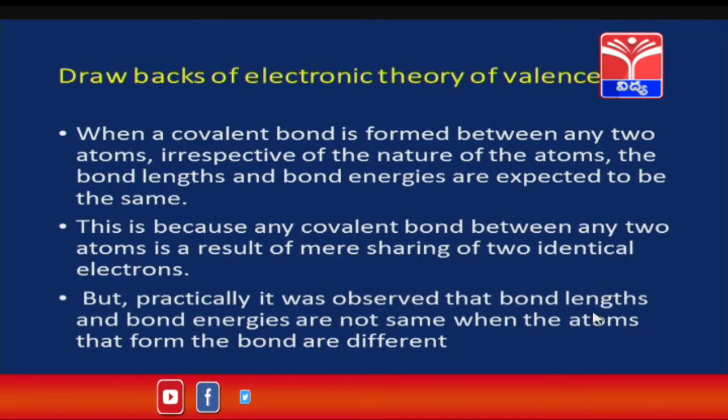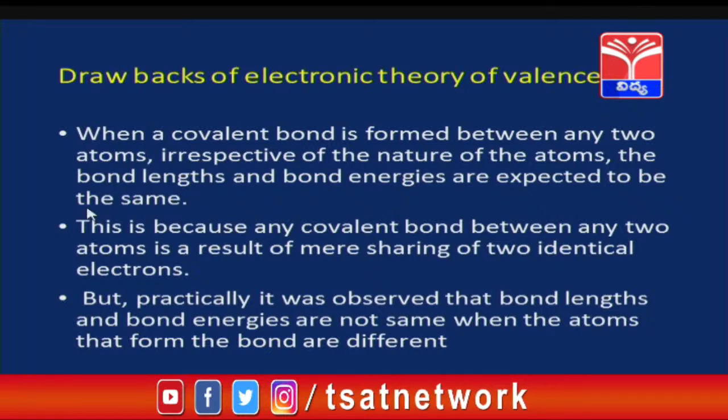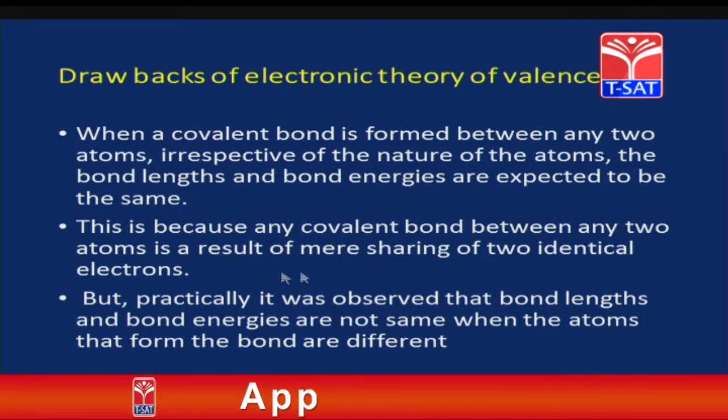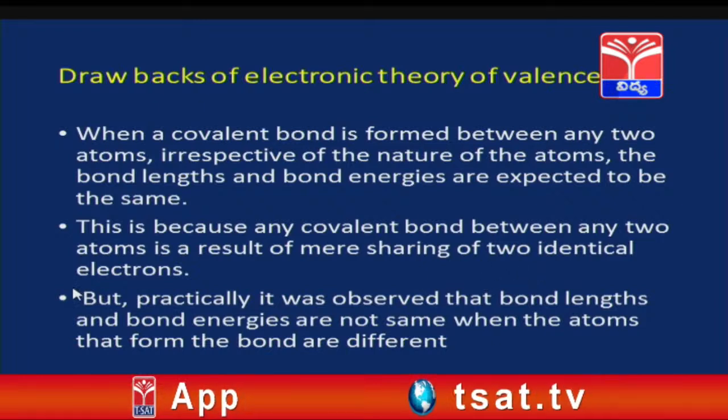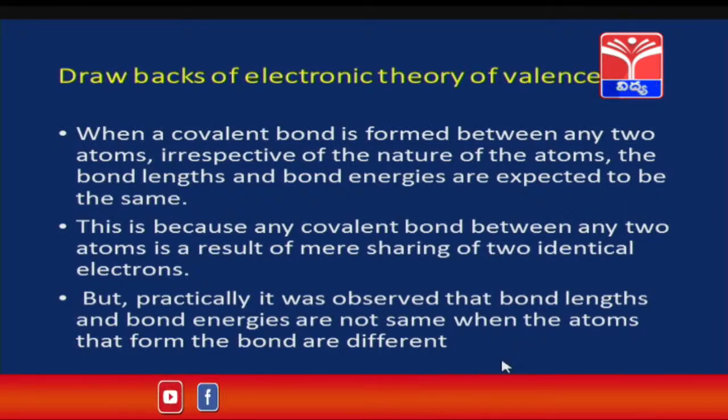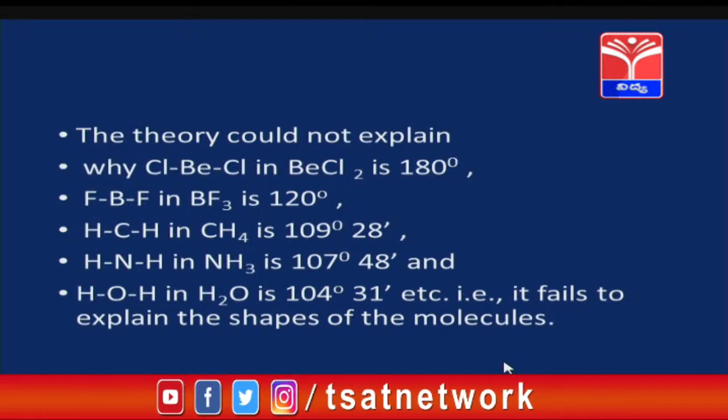So, there are some drawbacks of electrovalent theory also children. What are the drawbacks? The bond length and the bond energies were not expected as the same. Even the atoms which are sharing the electrons, they were not having the same structure as expected, and practically it was also observed that the bond lengths and the bond energies are not same, they are different.